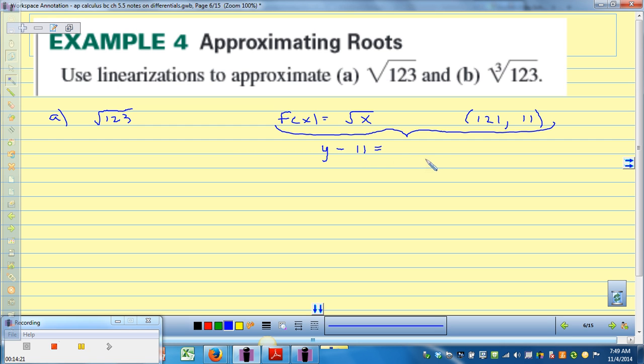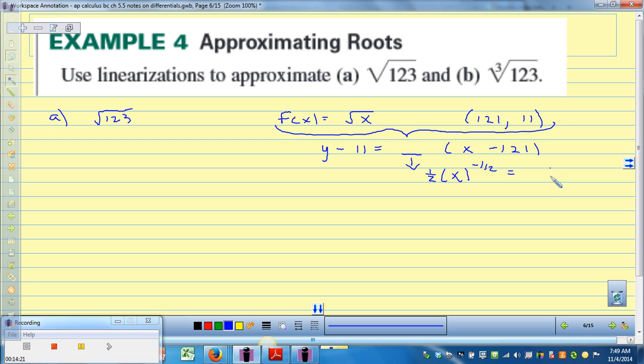11 equals, slope I always do last, times x minus 121. Okay? And to get my slope, I'll take the derivative, 1/2 times x to the negative 1/2. And what will we have there?